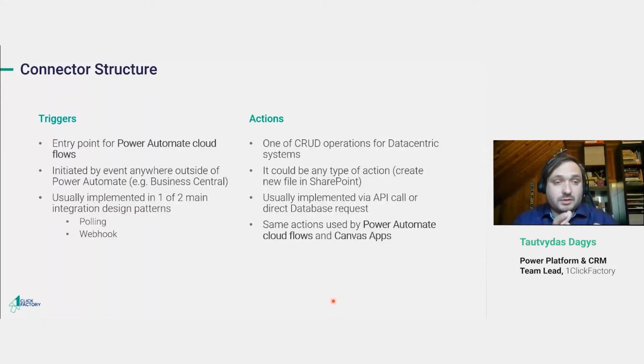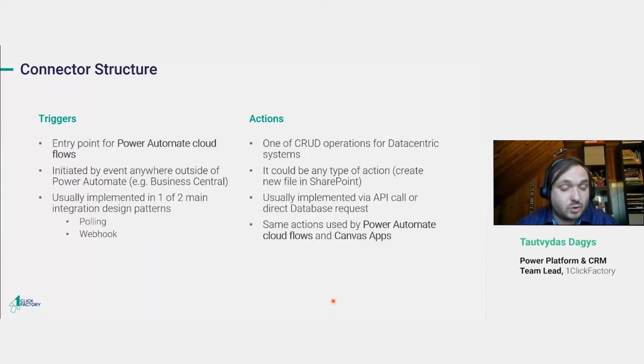The main two parts of the connector are triggers and actions. Triggers are used in Power Automate cloud flows because they can start the flow. If something happened in Business Central, for example, in CRM, in SharePoint, anywhere else, or in email, if I got a new email, it could be a trigger to launch a Power Automate cloud flow. And then we have two main architectural designs for the triggers.